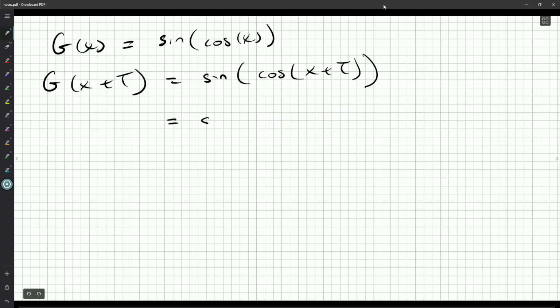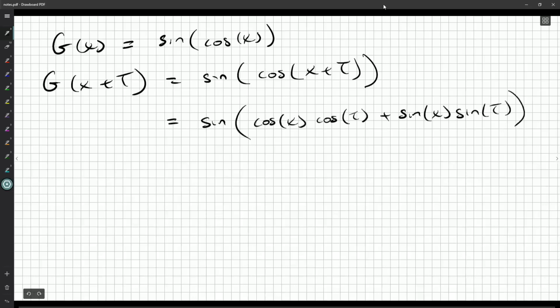So let me expand this out and say this should be cosine x cosine t plus sine x sine t. Wait, hold on. Is that formula correct? If x were 0, we'd want cos t as our answer, and that seems to work.